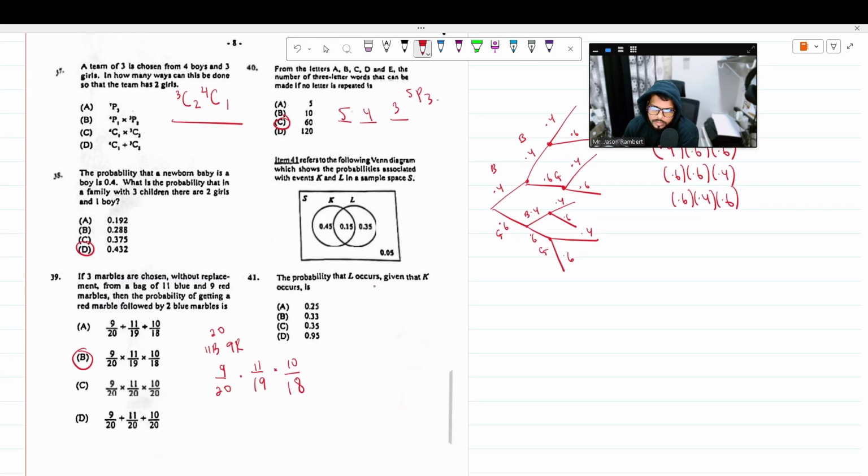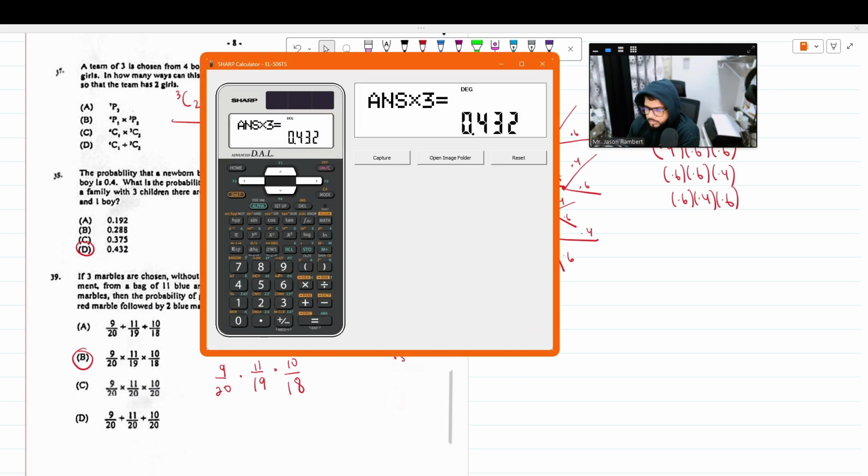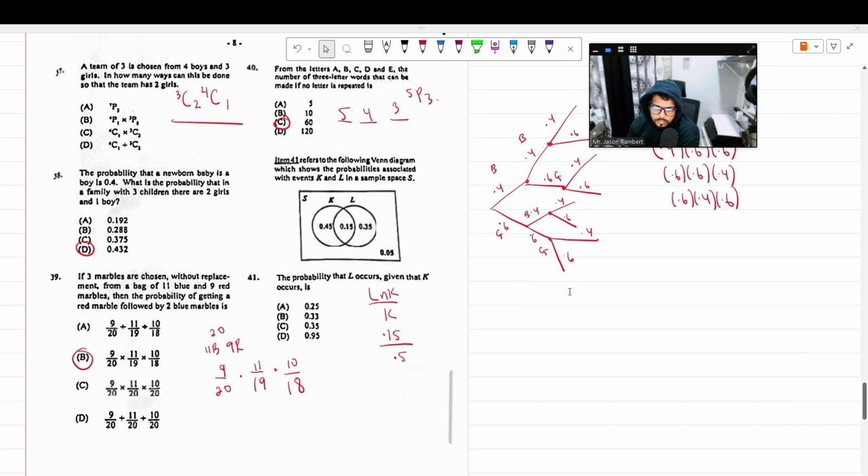The probability that L occurs given that K occurs, that is L intersect K over K, 0.15 over 0.15 plus 0.35 minus 5 over 0.5. 0.15 over 0.5 is what? 0.15 divided by 0.5 is 0.3.